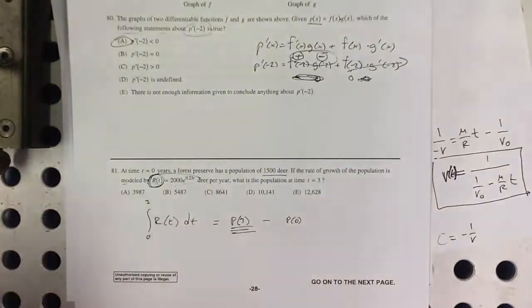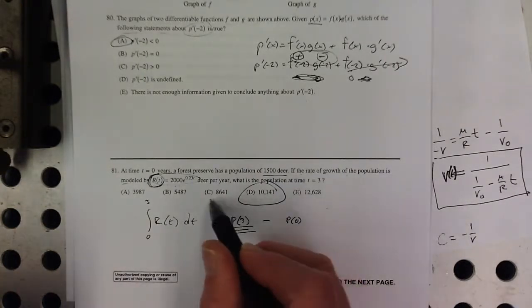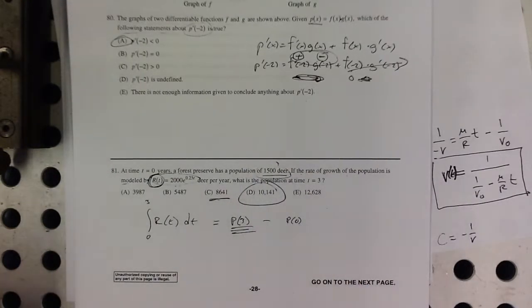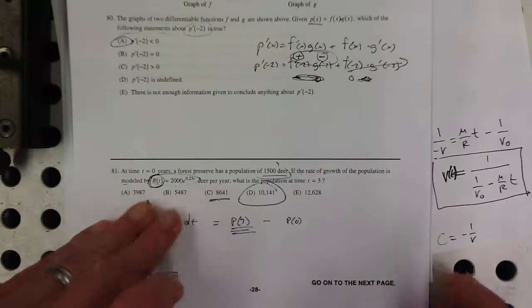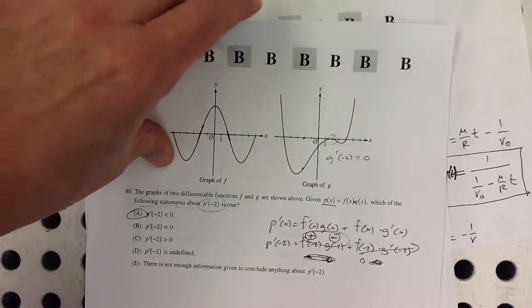So 10,141. There we go, and this is probably, that's if you forgot to add the 1,500 there. Oops. Fundamental mistake of calculus. And I'm going to break this video here, and we'll continue in a sec.